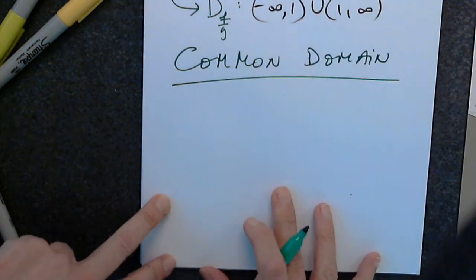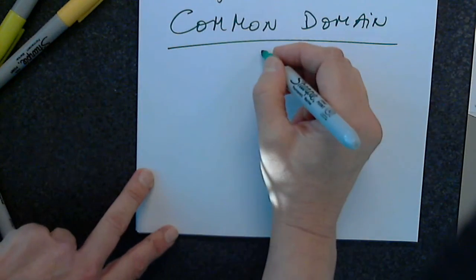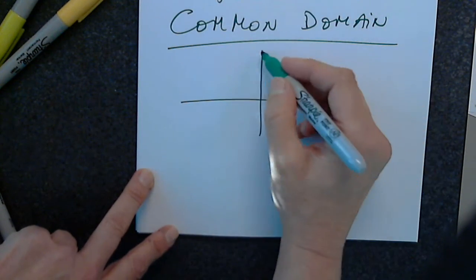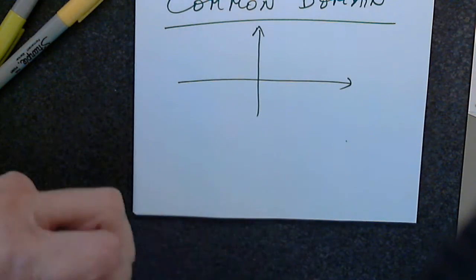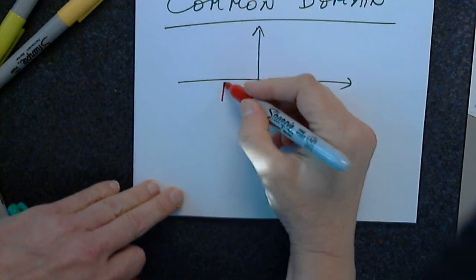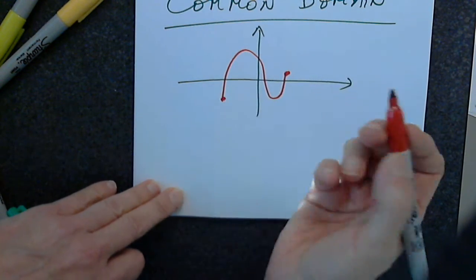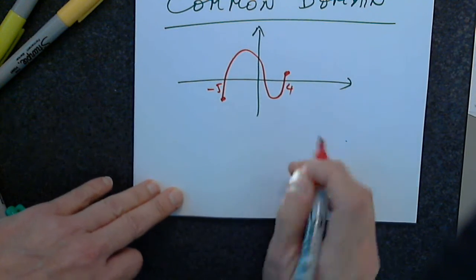Okay, let's look now at the common domain. Before we continue, what does the common domain mean? So let's look at the graph of two functions. I'm going to graph this function, let's say between -5 and 4.